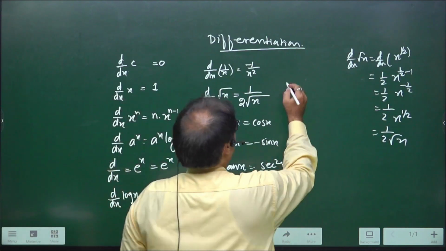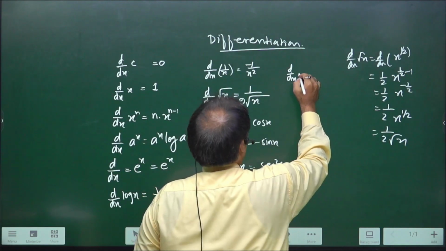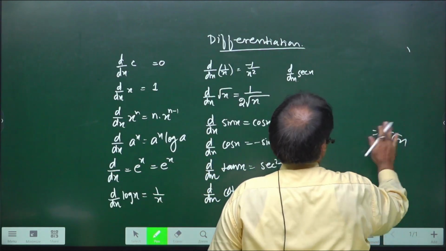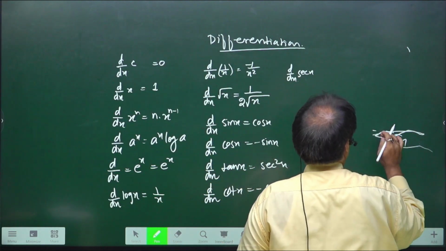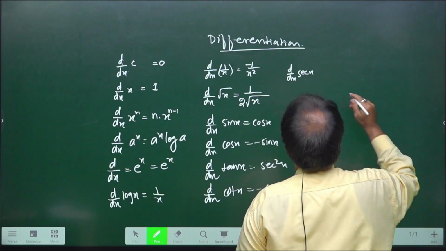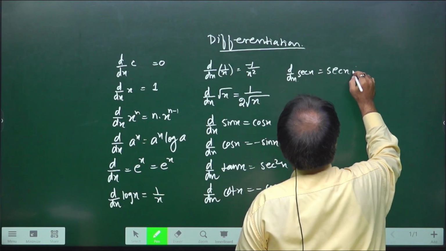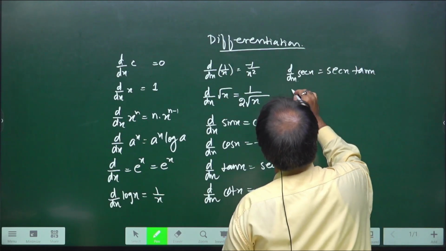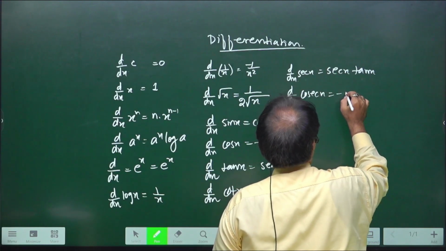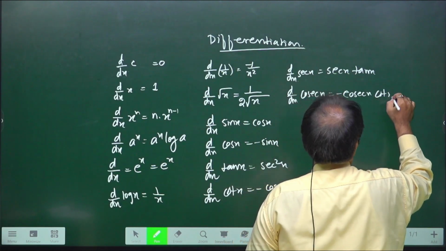The derivative of sec x is sec x into tan x, and d by dx of cosecant x is minus cosecant x into cot x, right?